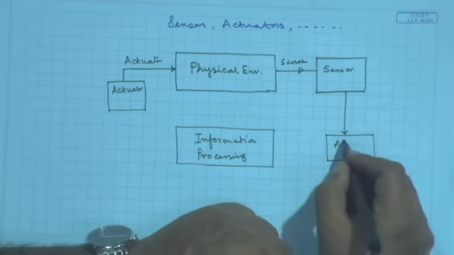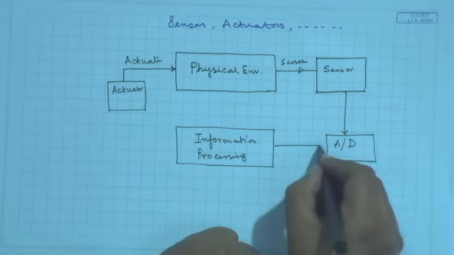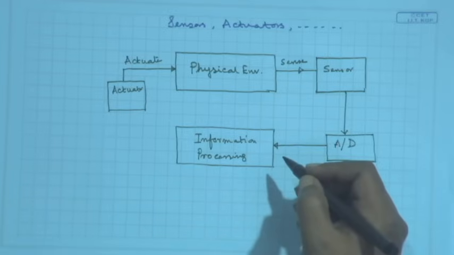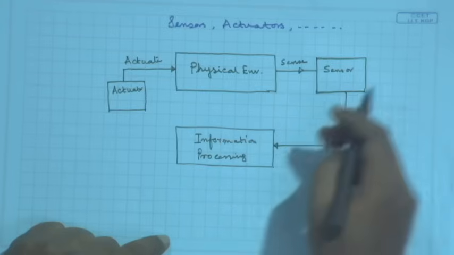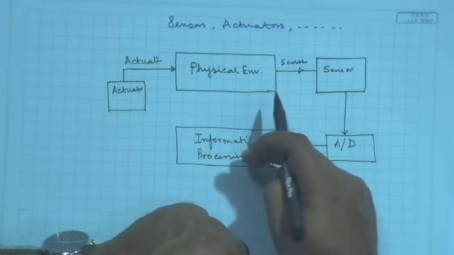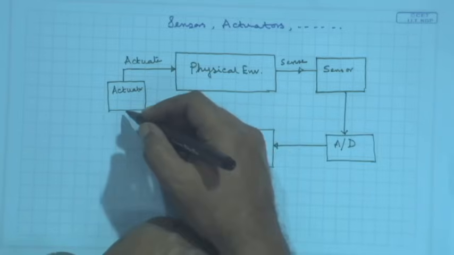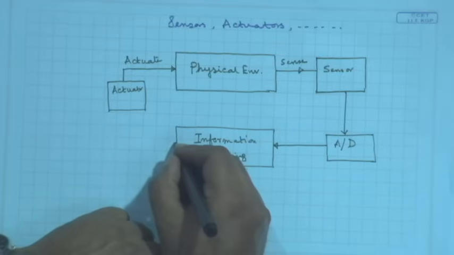So, we will need an A to D converter and will get the information, and after processing the information, we will take some decision and actuate.